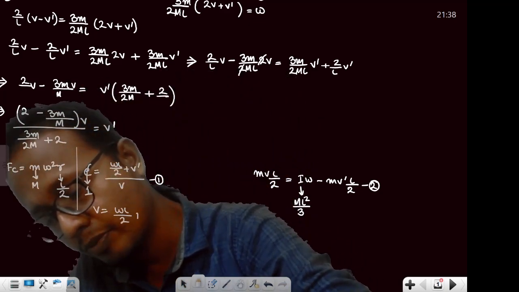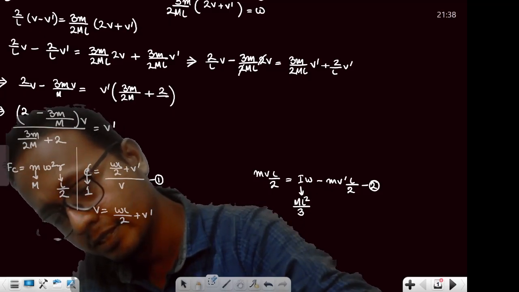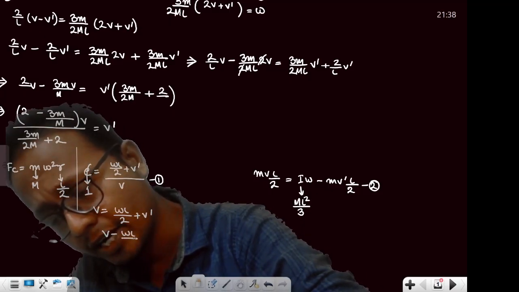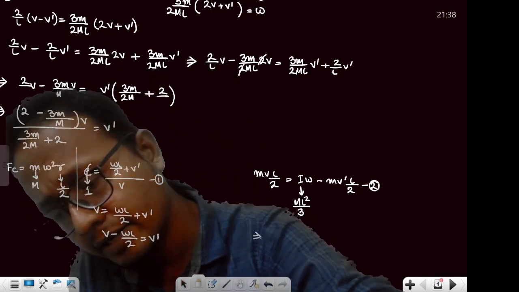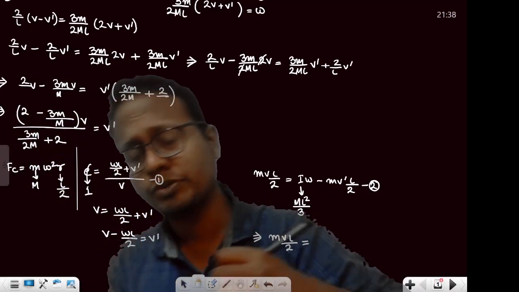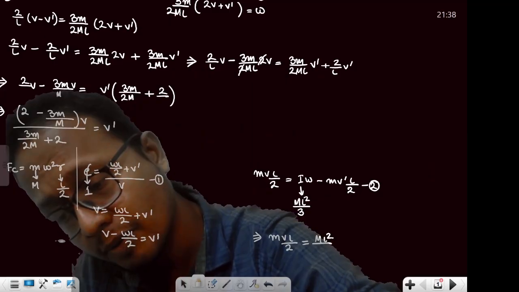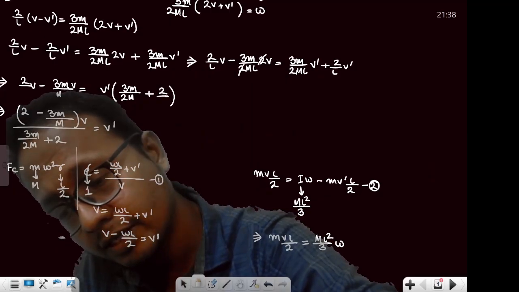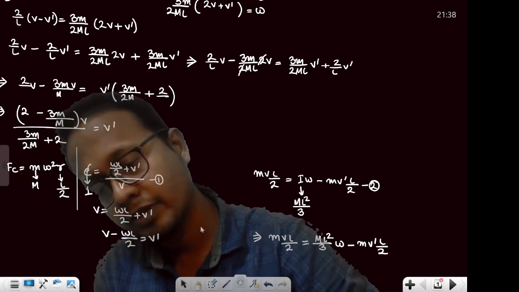V is equal to omega L by 2 plus v dash. So v minus omega L by 2 is equal to v dash. And this is mvL by 2 equals mL square by 3 into omega minus mv dash into L by 2.